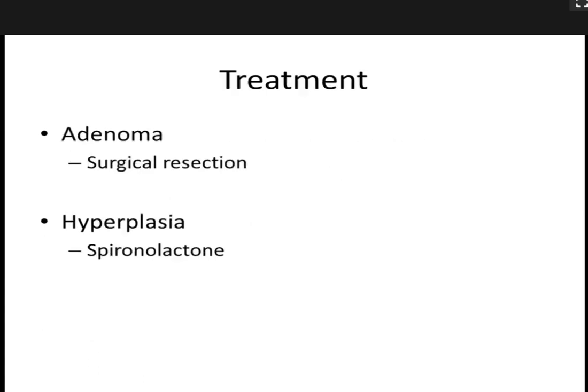Right. So if you find adrenal adenoma leading to primary hyperaldosteronism, you go for surgical resection. If there is hyperplasia, the treatment of choice would be spironolactone, which is going to block the action of aldosterone. Right.